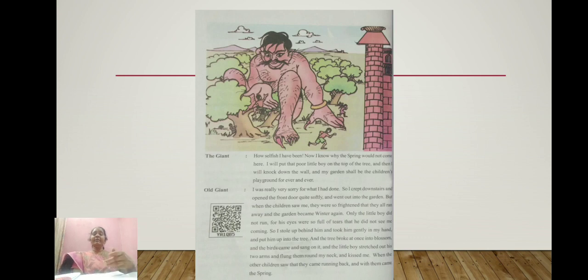Okay, now the children are talking with each other. Look at the conversation. Tall girl, short boy, square girl, graceful girl, round boy, the giant. So all these children are speaking, sharing their ideas.